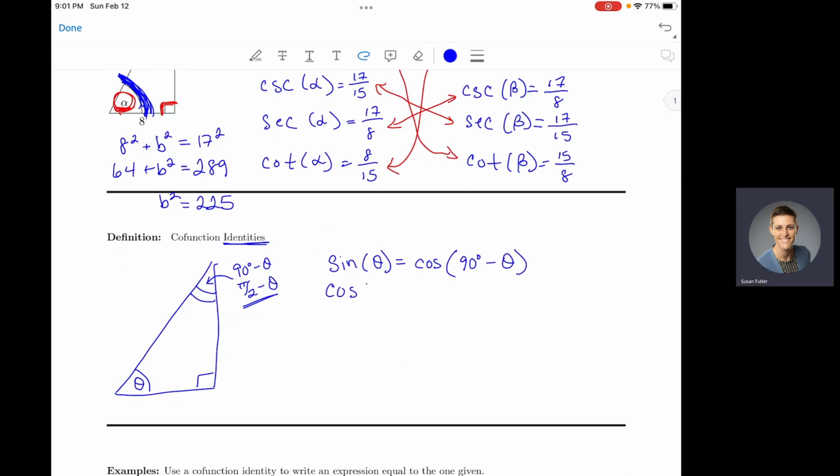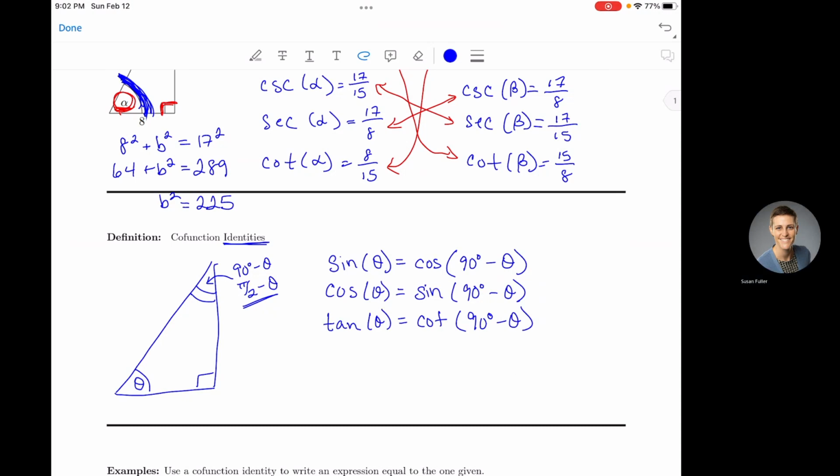Similarly, the cosine value of theta is the sine value of its complement. And we said the tangent value is the same as the cotangent value of that other angle in the triangle. Similarly, the cotangent value of theta is the tangent value of its complement.